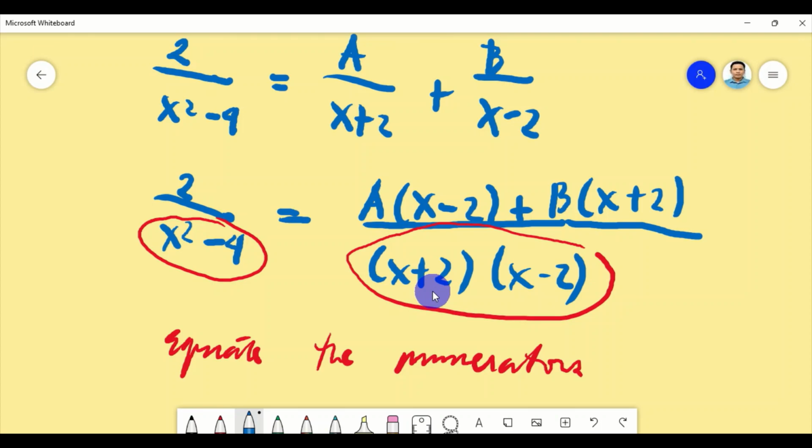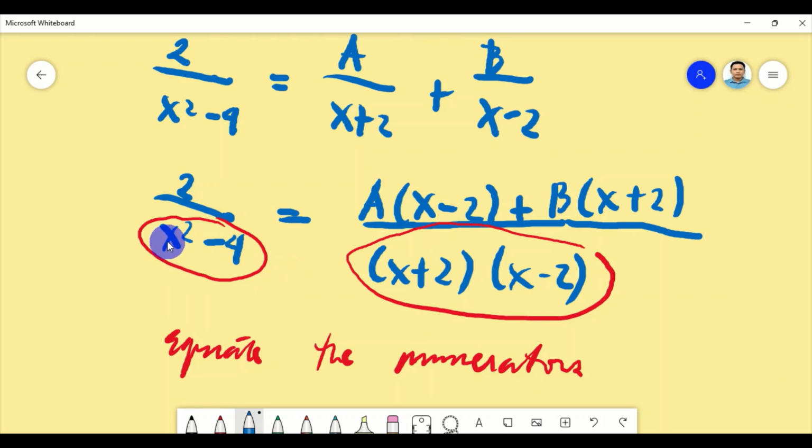We divide x plus 2 times x minus 2 by x plus 2. What is left is x minus 2, and you need to multiply that by a. Then you add, of course, b times x plus 2. You do the same process: you divide x plus 2 times x minus 2 by x minus 2. What is left is your x plus 2, and then you need to multiply that by b.